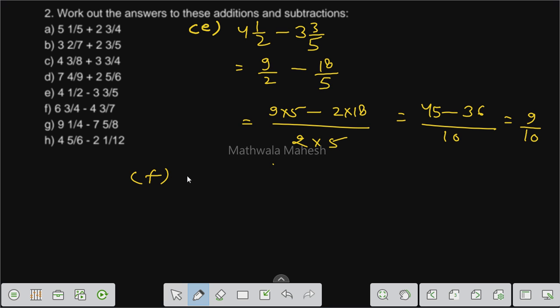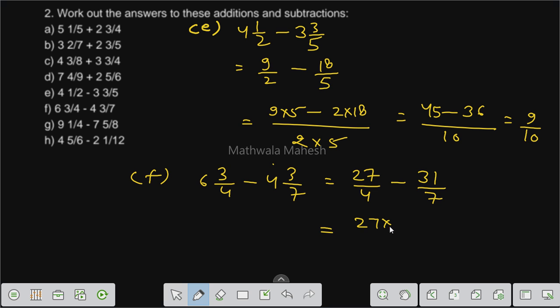And F. 6 and 3 by 4 minus 4 and 3 by 7, which is 24 plus 3, 27 by 4, minus 28 plus 3, 31 by 7, and 27 into 7 minus 31 into 4 upon 4 into 7.